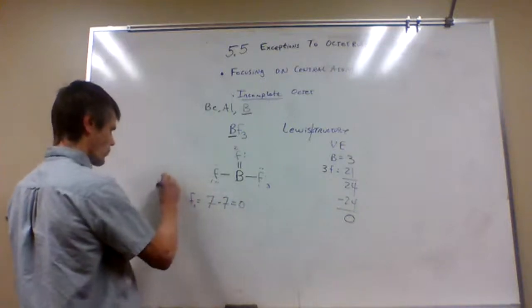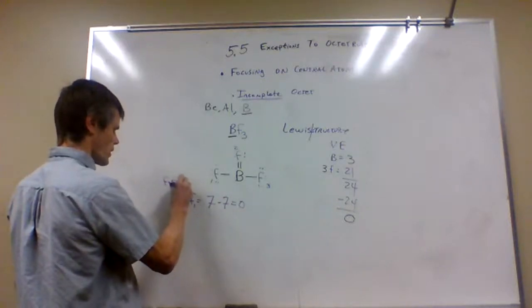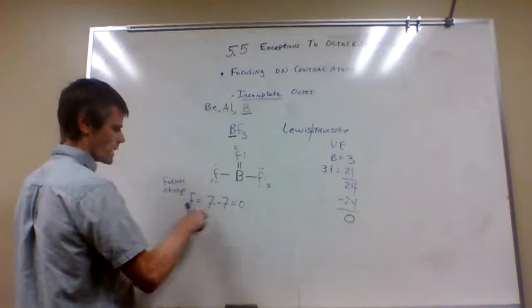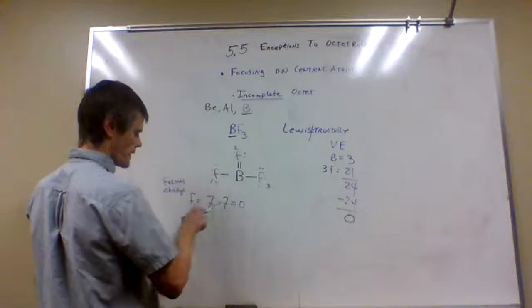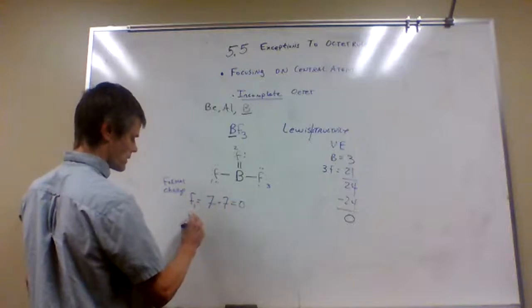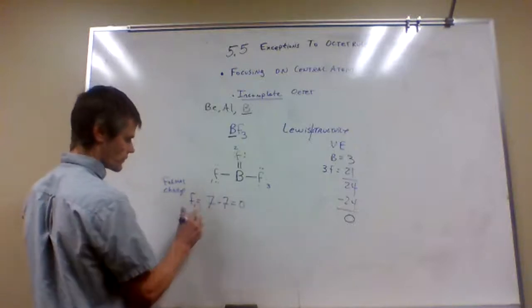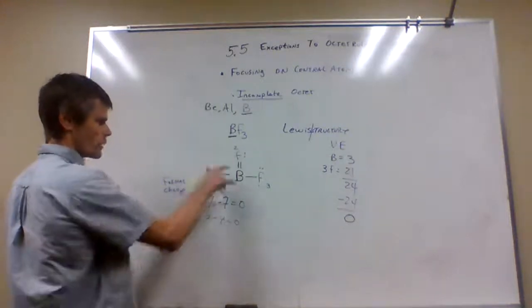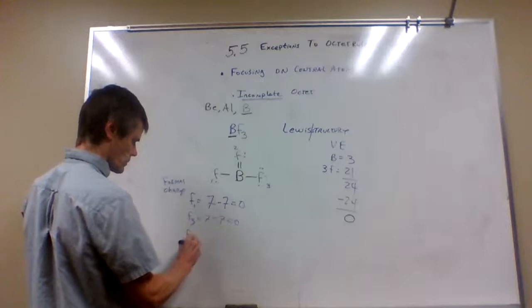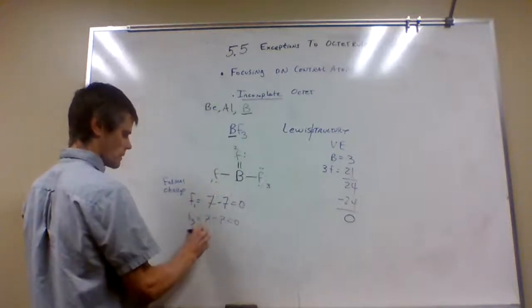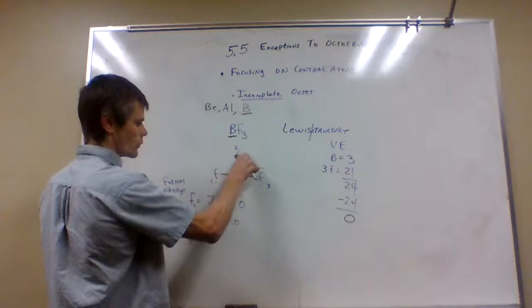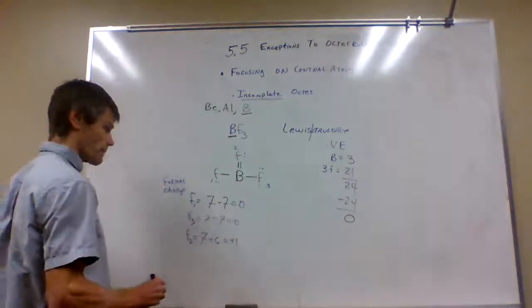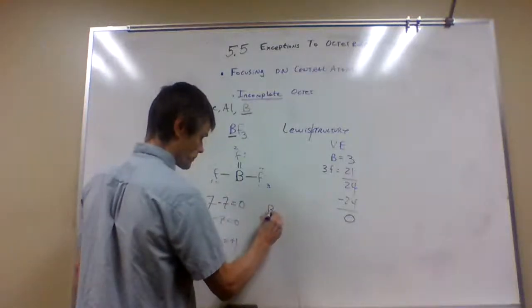Fluorine 1 has 0. That would mean fluorine 3 is the same as this fluorine. Let's look at fluorine 2. 7 minus 2, 4, 5, 6. Positive 1.